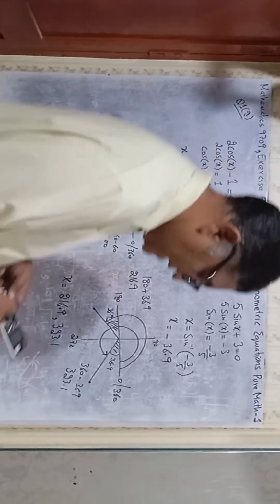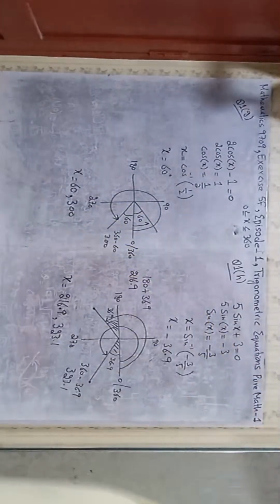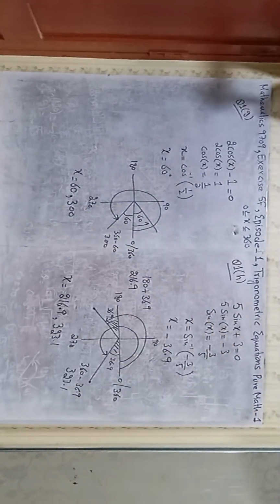You see, sine x was equal to a negative. Sine is negative in the third quadrant and in the fourth quadrant, and I have to find the angle in the third quadrant and the angle in the fourth quadrant. So let's check, sir. Question number 1, H part, the answer is 216.9 and 323.1.